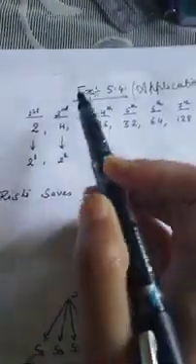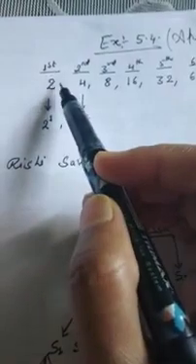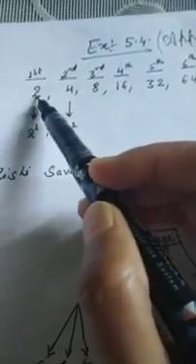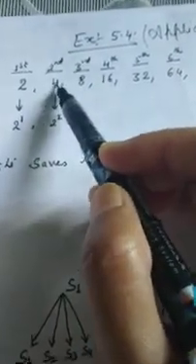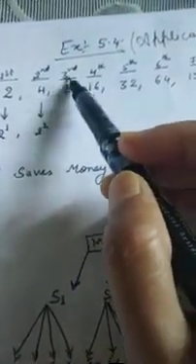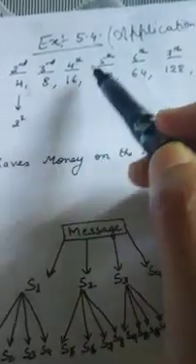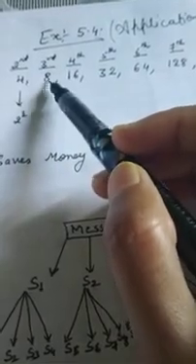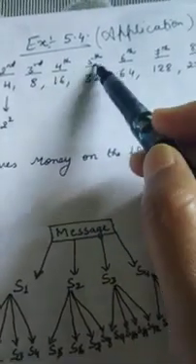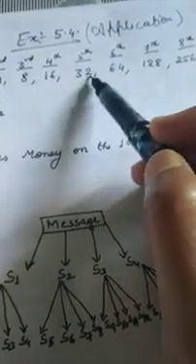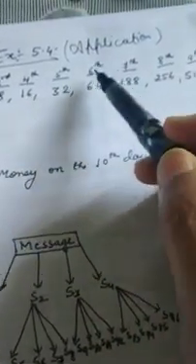So look at here. Suppose first day he is saving rupees 2 for his mother. Second day he is saving just double of rupees 2, that is rupees 4. Third day double of rupees 4, that is rupees 8. Fourth day double of 8, means 8 plus 8, 16. Fifth day 32.